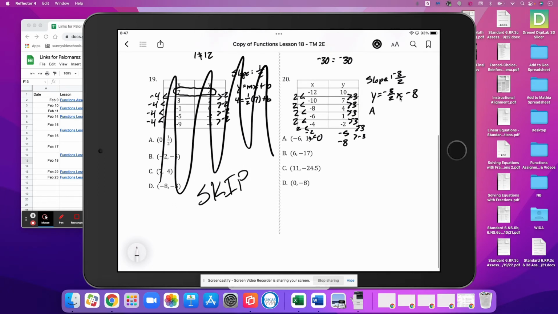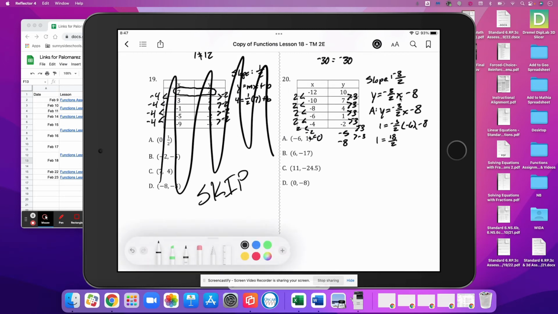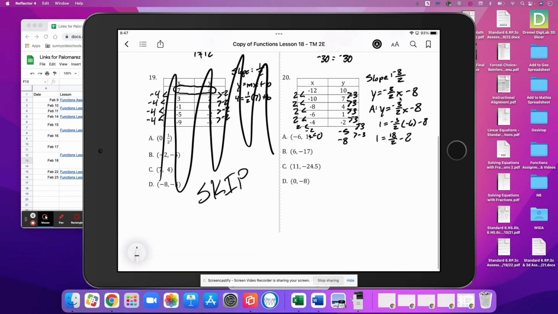And let's go ahead and test our values. So A: y equals negative 3 over 2x minus 8. And so our y value is 1, negative 3 over 2 times negative 6 minus 8. So we're going to have 1 equals 18 over 2 minus 8.